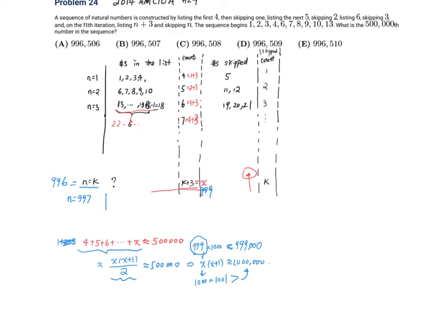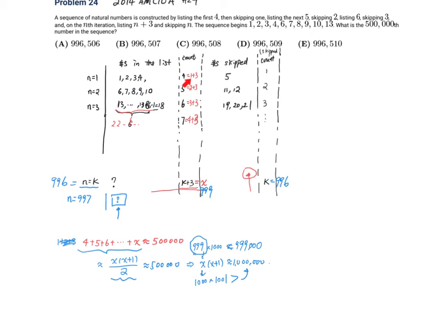My next task is to figure out what is the first number in this block. And how do we find out? We just need to find out the sum of this and this, right? So let's do that. We do know k is 996. Now let's do the algebra.